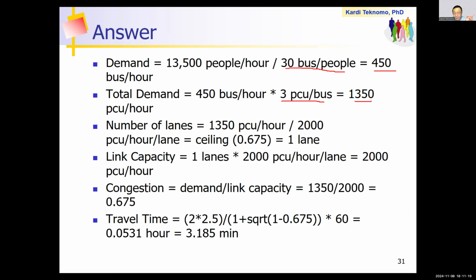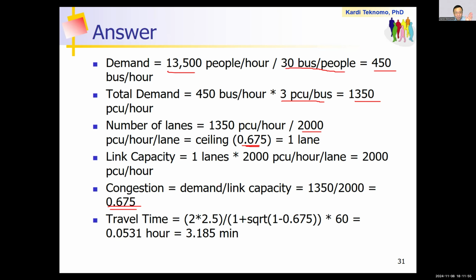So you get the demand is actually only 1,350. This is much lower than the 1 lane capacity. So even with only 1 lane, you can already pass all these 13,000 people. The same demand. What is the congestion level? 67.5%.